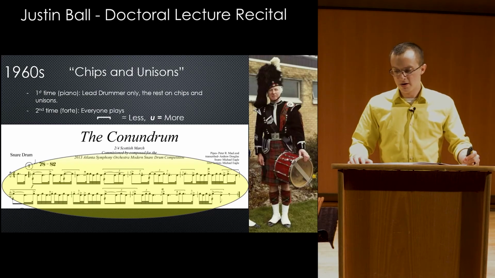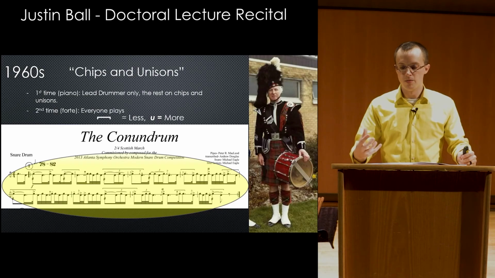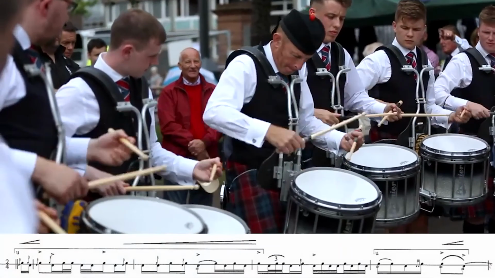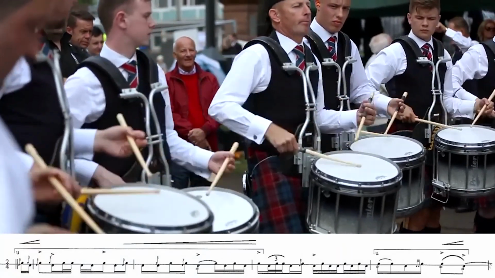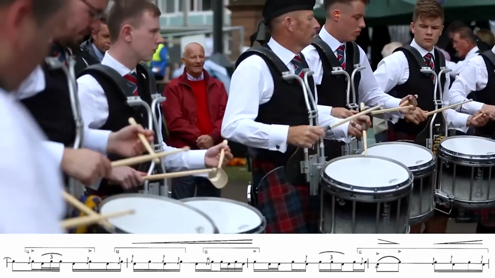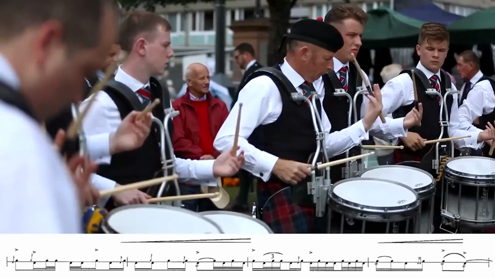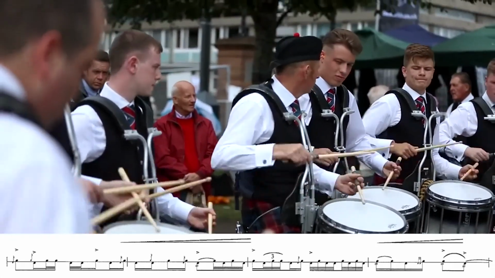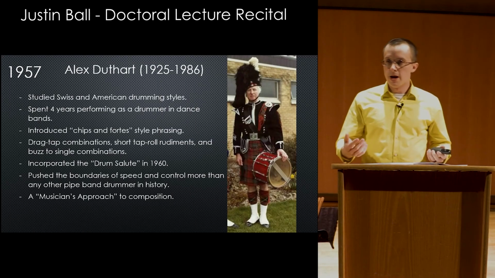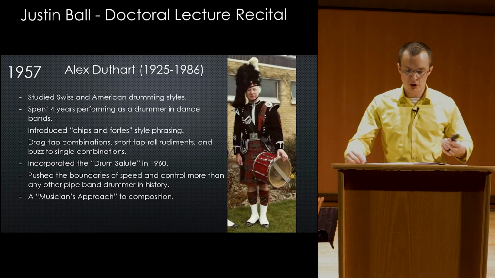The low end of the dynamic spectrum was also suddenly dropped to a level that was not achievable for an entire snare section attempting to play soft with one another. Duthard also went on to adapt the rudimental vocabulary, most notably the drag-tap combinations, which I'll be demonstrating in the vocabulary portion of the lecture.